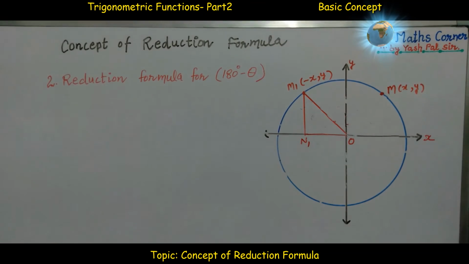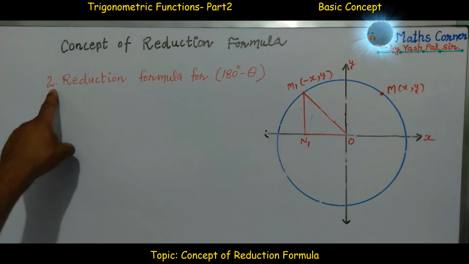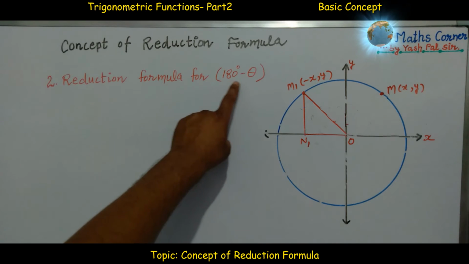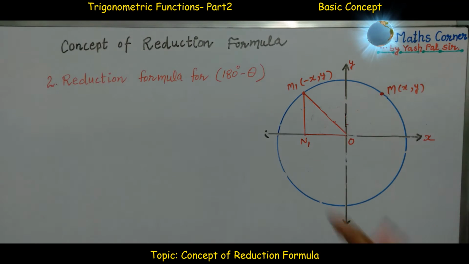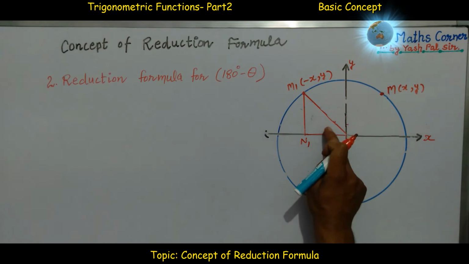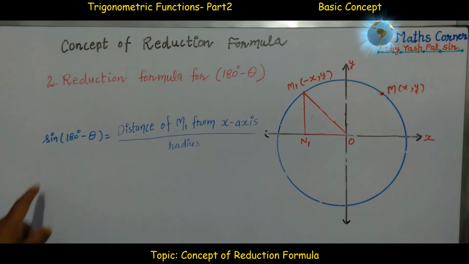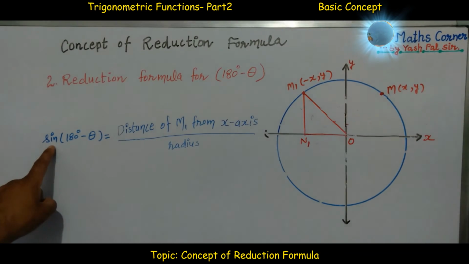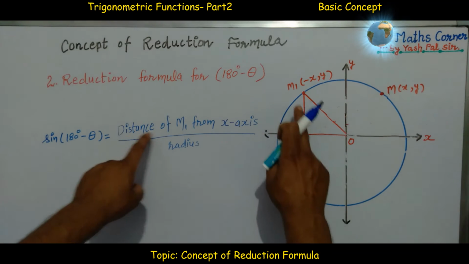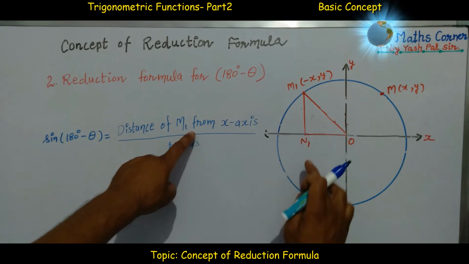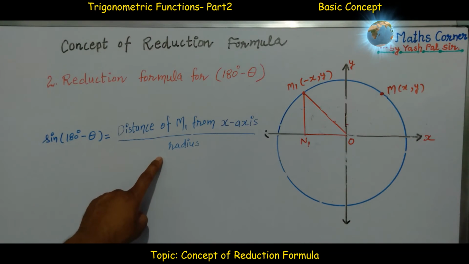With the help of the same diagram, we can also discuss the second reduction formula for 180 degree minus theta. Here this angle is 180 degree minus theta, from here to here. Again, using the real definition, sine 180 degree minus theta is equal to the distance of m1 from the x-axis, that is m1 to n1, upon the radius of the circle.